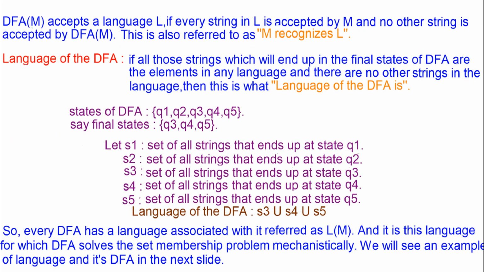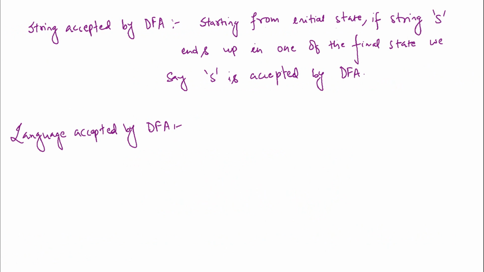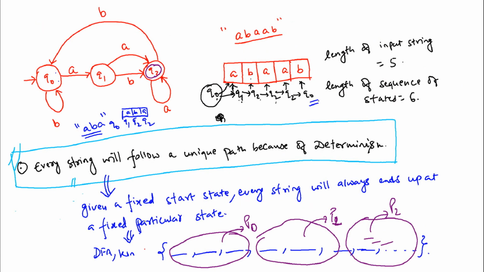Okay. So a DFA accepts a language L if every string in L is accepted by M and no other string is accepted by the DFA. In very simple terms, if the language is equal to P2, this is the language accepted by the DFA.